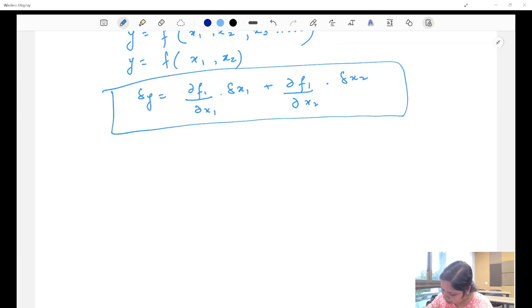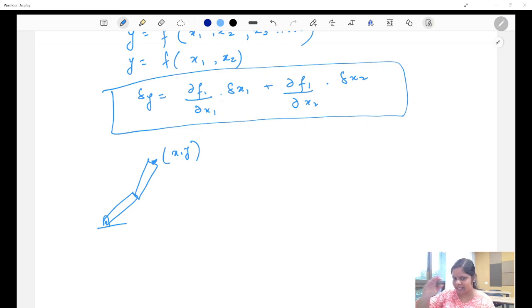So let's say you have a 2R manipulator. This is your end effector, and you want it to reach some x and y position. This is theta 1 and this is theta 2. These two are the angles.